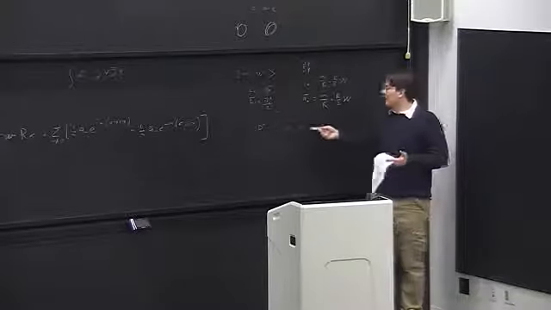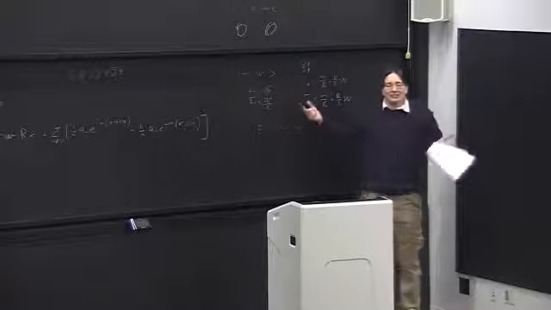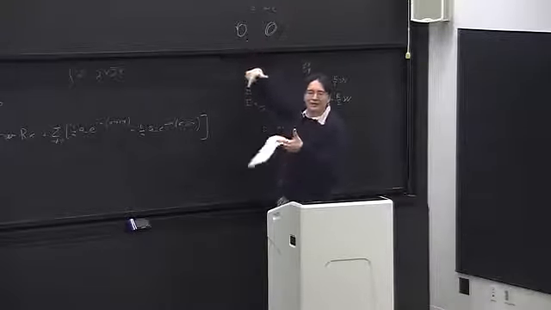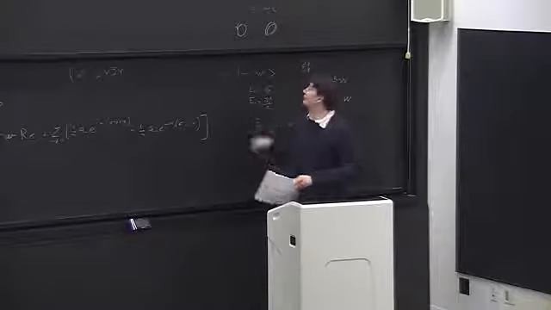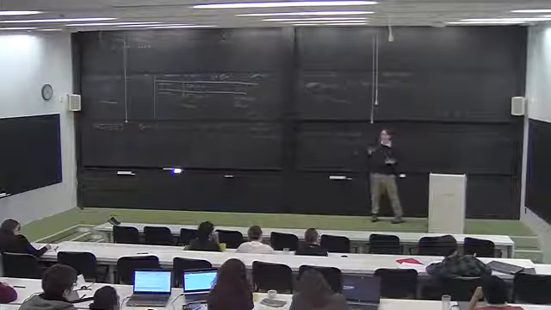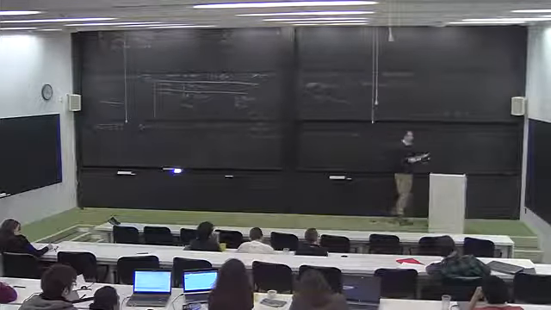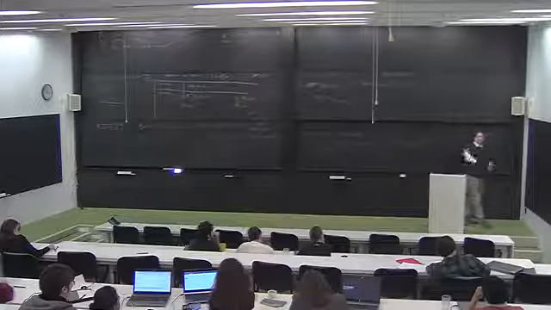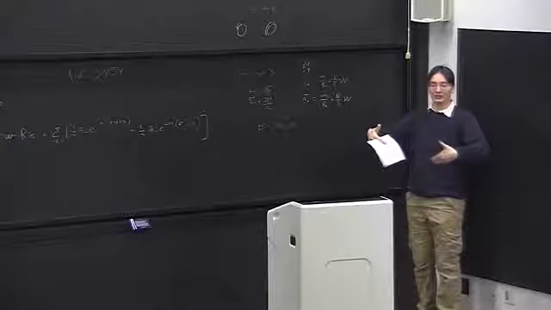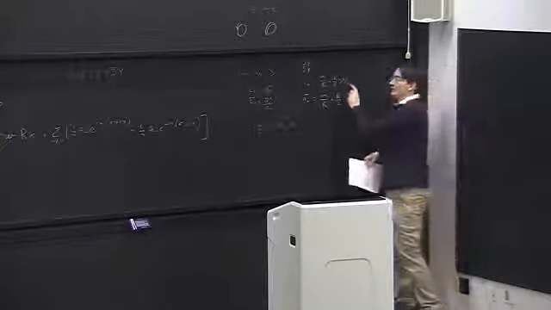And you've added some very massive string modes, which come from strings wrapped on the circle. Of course, the existence of these modes is really a sharp difference between string theory and quantum field theory. But as long as the circle is very large, you don't notice the difference. As the circle gets smaller and smaller, though, this contribution becomes definitely important.